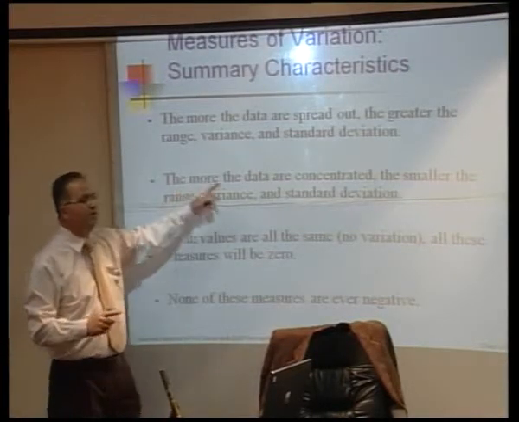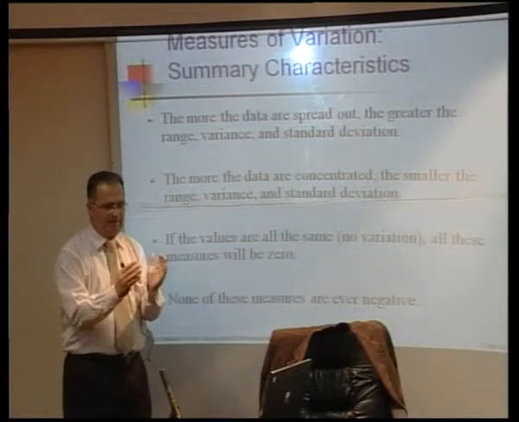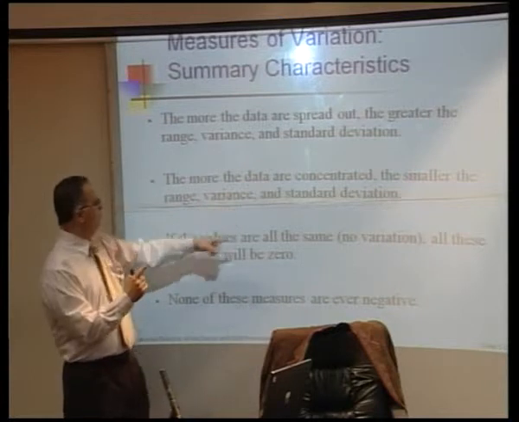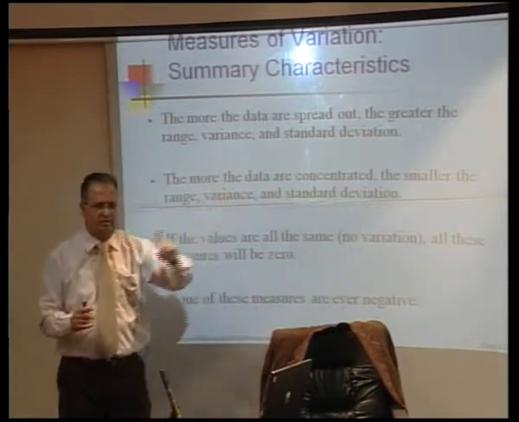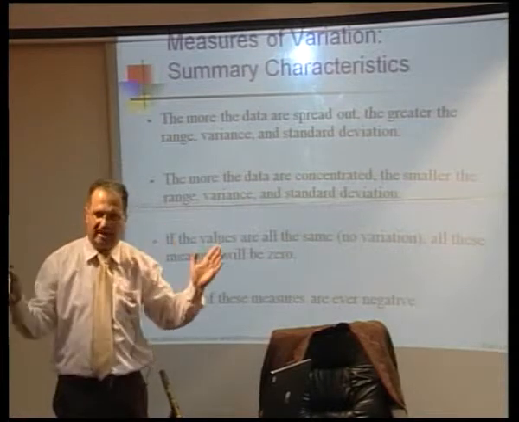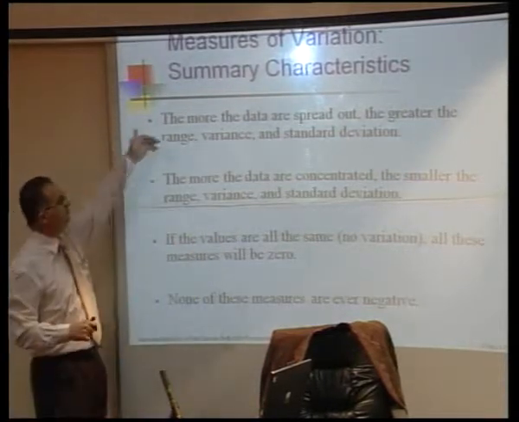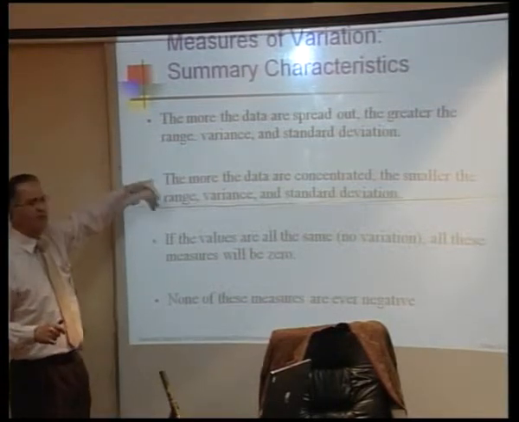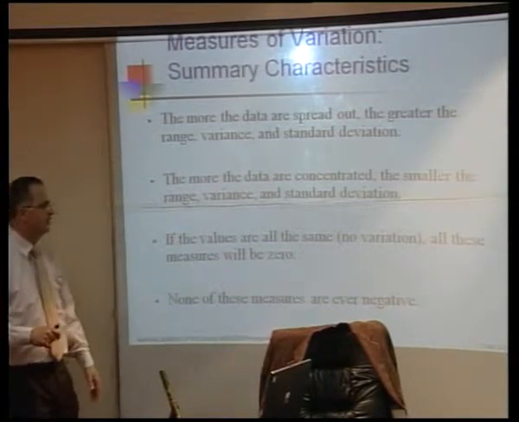The more the data are concentrated, I mean gathered around each other, the smaller the range, variance, and standard deviation. So that's the difference when the data are concentrated or spread out. We have large values, and on the other hand, we have small values.